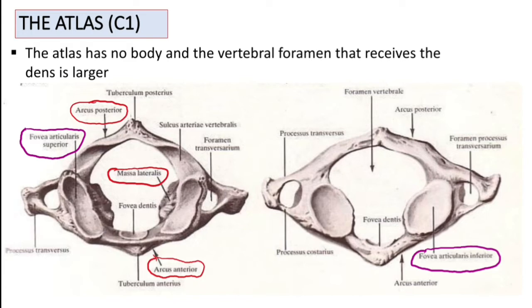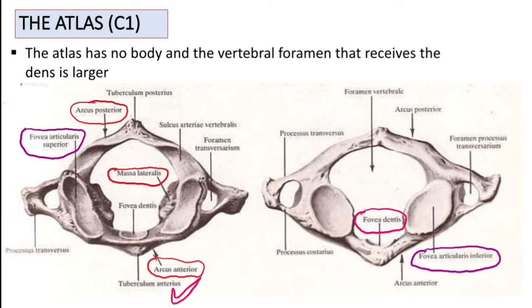This is the atlas, and C2 is the axis. On the inner surface of the anterior arch, this depression is called fovea dentis. This is for articulation with the dens. The dens belongs to C2; we'll talk about it in the next slide, but you just need to know the fovea dentis is there.